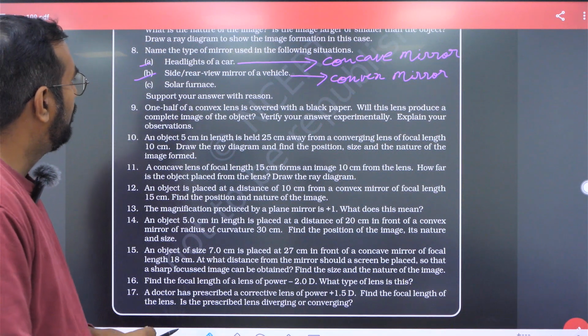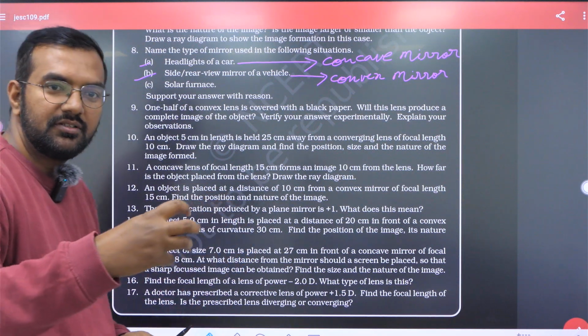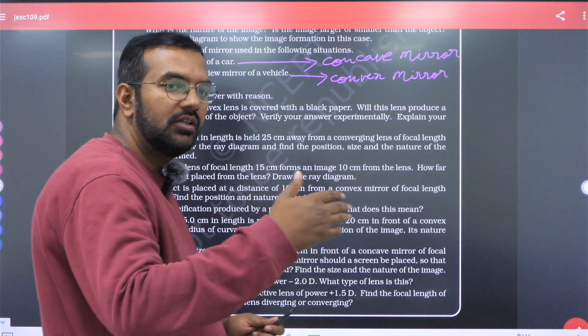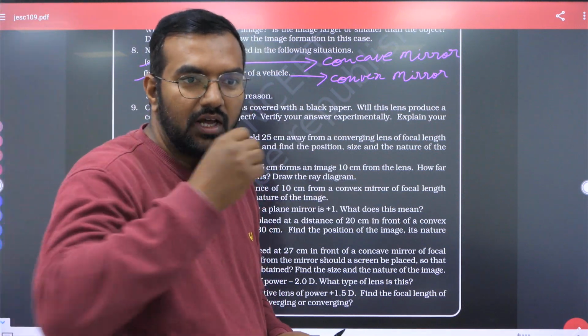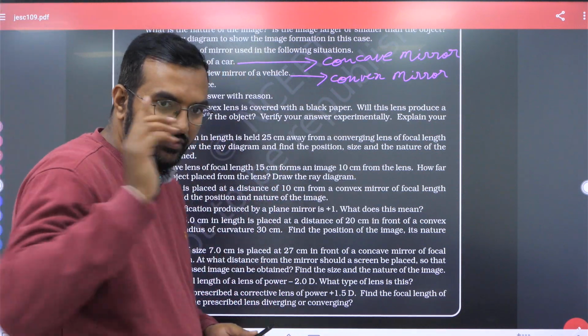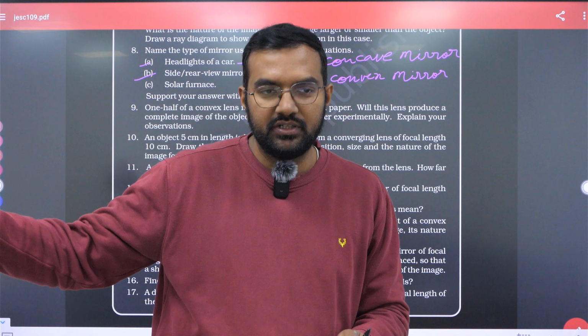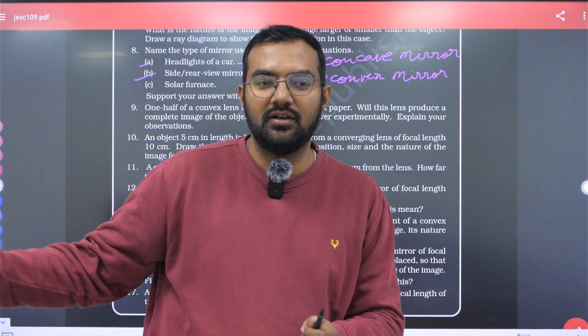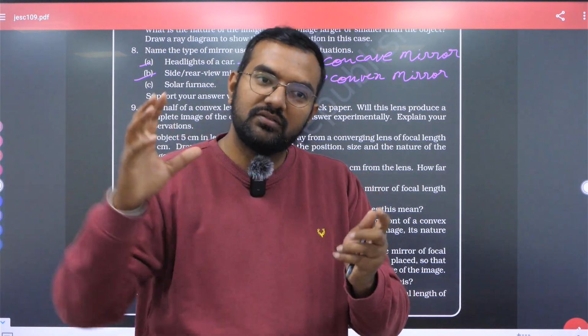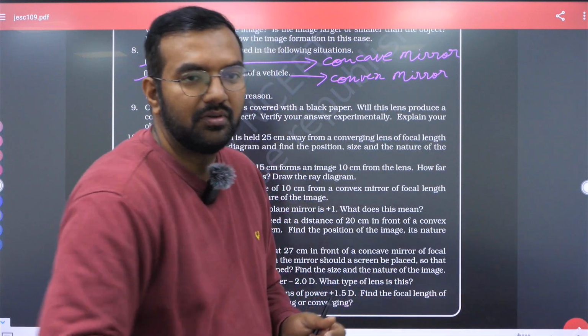First of all, it forms small images, so you can see all the vehicles that are behind your car, whether it is very near to your vehicle, the full image of that vehicle will be formed in your side mirror.